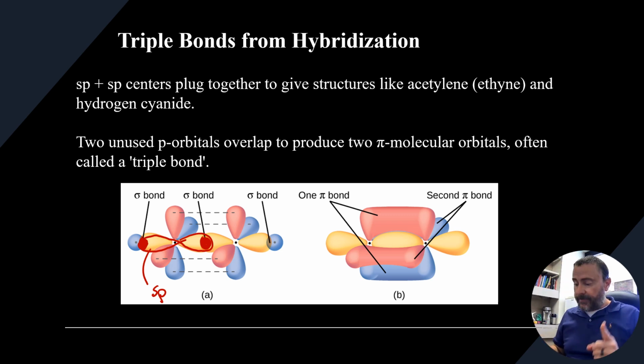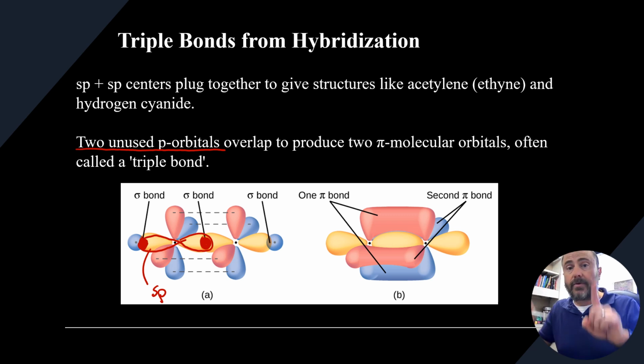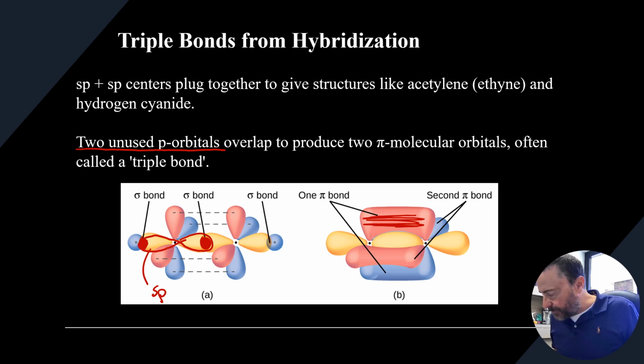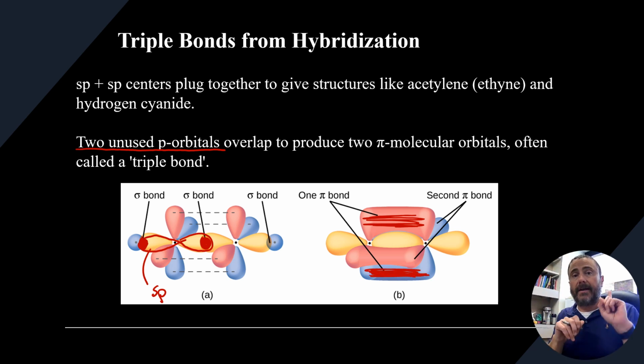But we've mixed an s and a p, which has left us with two unused p orbitals, and those unused p orbitals can now form side-by-side bonding, and those are pi bonds. They're kind of hard to see, but they're pictured here, with some side-by-side bonding, and in the blue there's some side-by-side bonding. One of them is the second bond, one of them is the third bond in our triple bond. Both of them are called pi bonds.